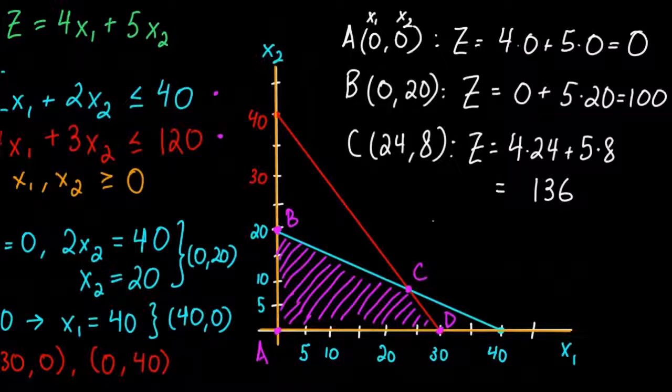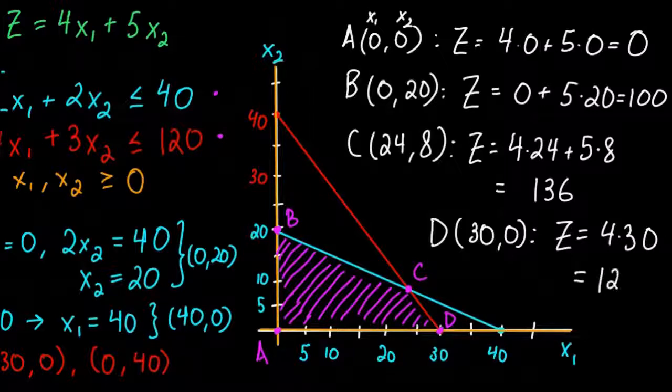And lastly, we check point D, which is at 30, 0. And so Z is 4 times 30 plus 0, which gives 120.